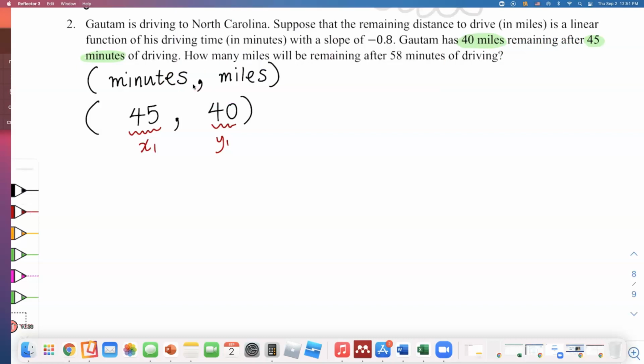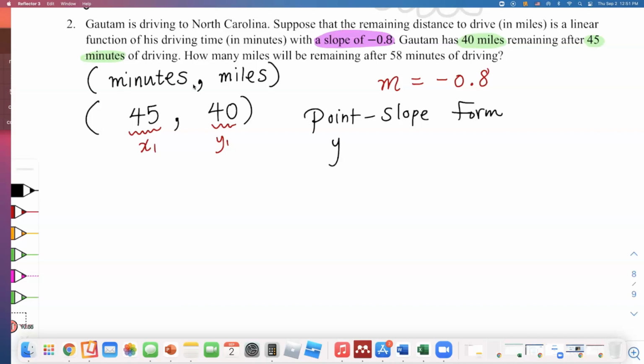They did say that the slope is negative 0.8. So I'm going to make a note that m equals negative 0.8. And I'm ready to do my point slope form because I have a point and a slope. Okay? Point slope form is y minus y1 equals m times x minus x1.